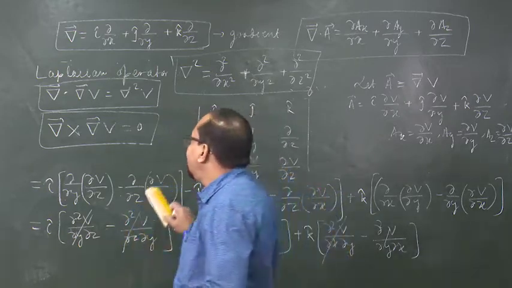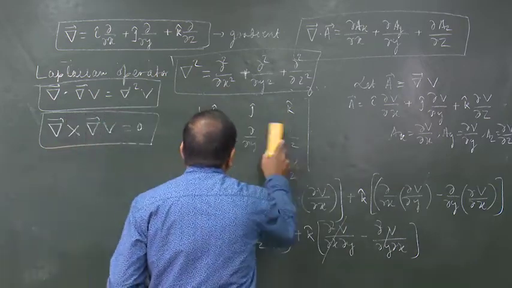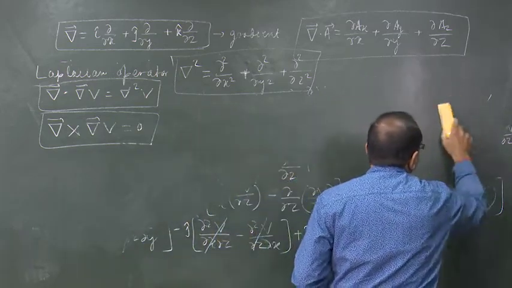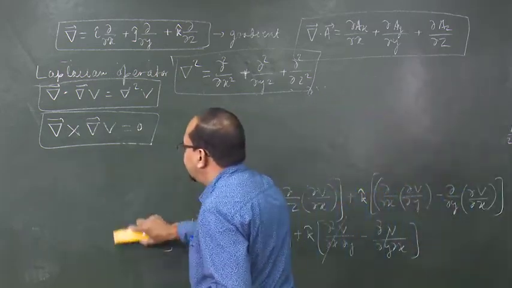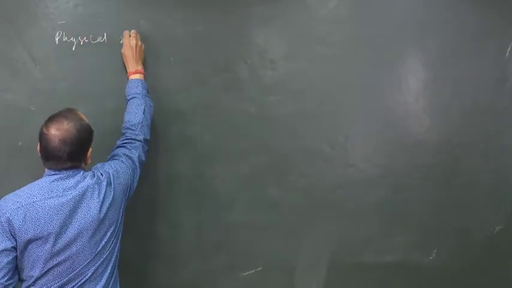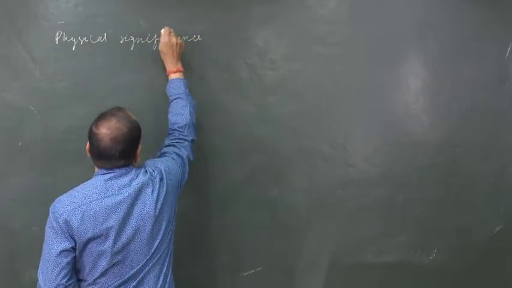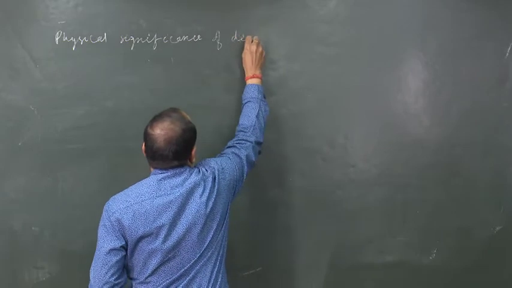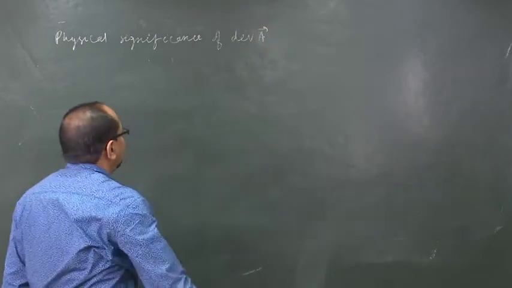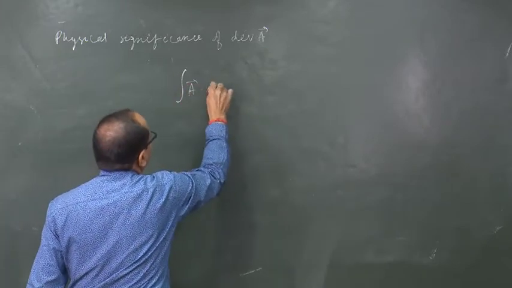So, if we take a small surface element and a small volume element, delta V, the physical significance of divergence of any vector A is this: it shows the net flux A dot dS.